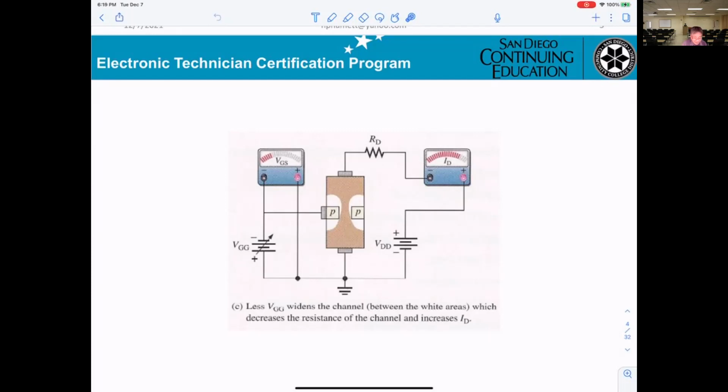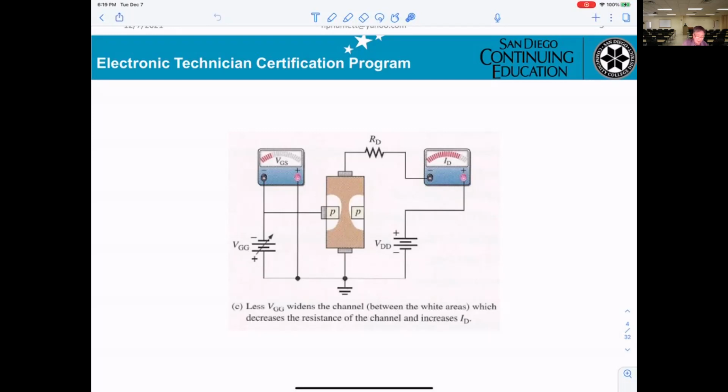On the JFET, basically you apply the voltage to the gate, and that negative voltage changes the channel from the drain to the source. A wider channel gives you more ID current. If it is narrow, you get less current.